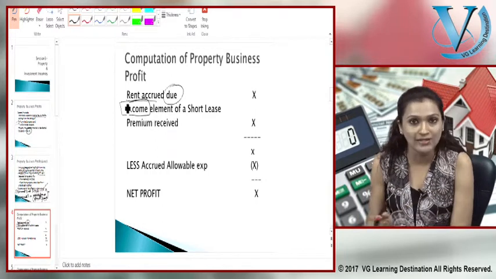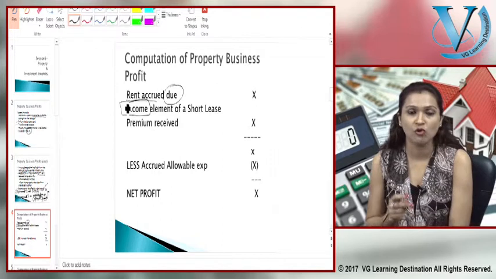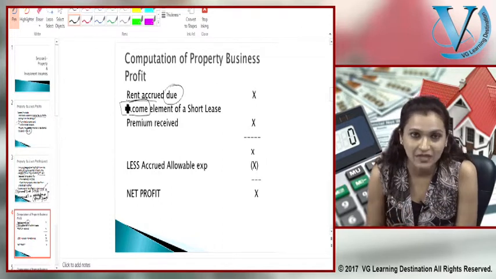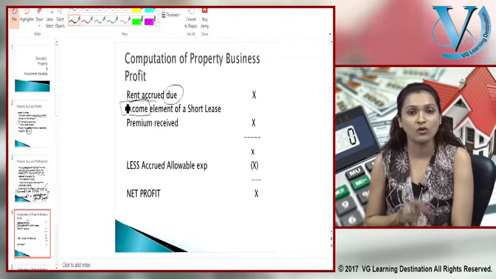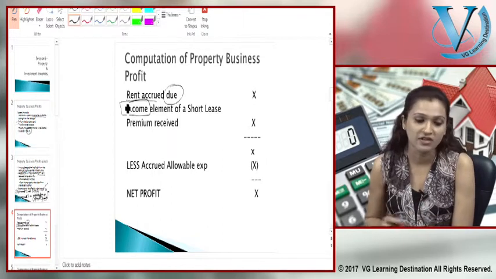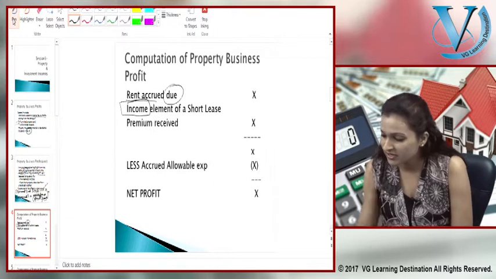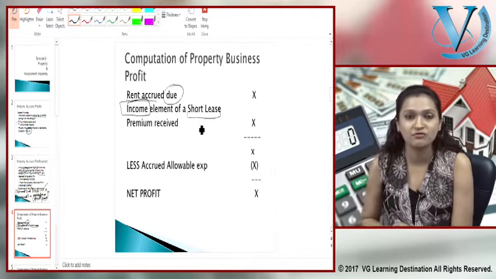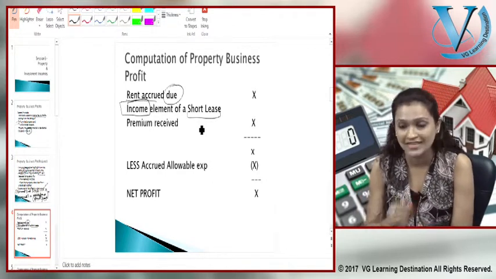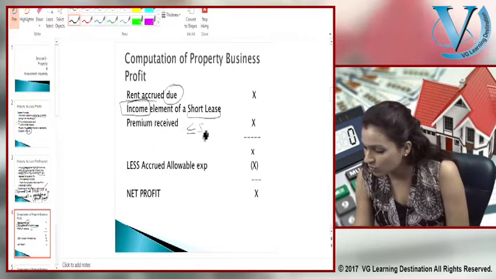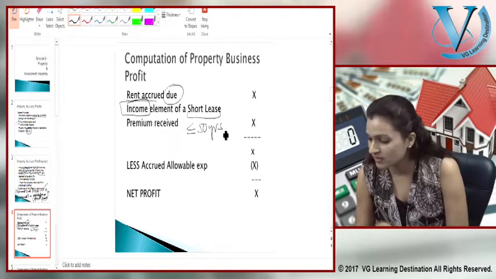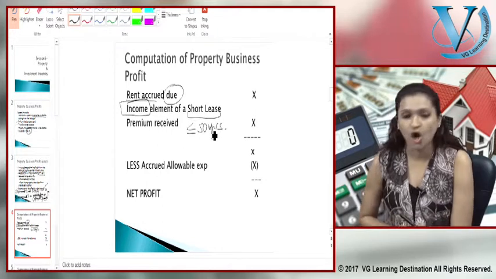You exclude the capital portion of the gross premium received. Now this premium you're going to add only for a short lease. What do you mean by a short lease? A short lease basically means when the term of the lease is less than or equal to 50 years.